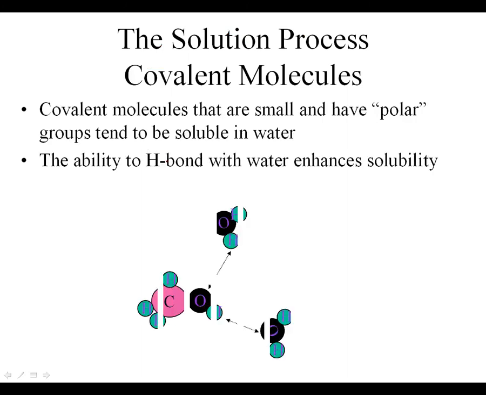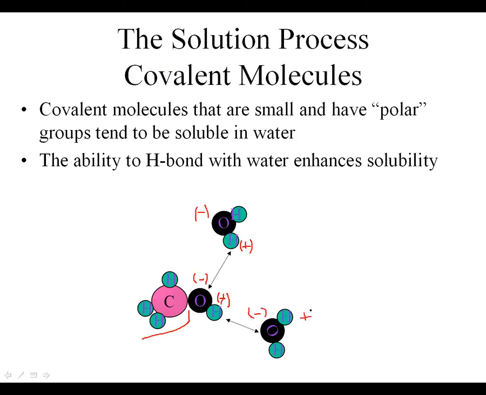And here's a picture of that. This is not ethanol, this is methanol. But methanol also has, although this part of it is nonpolar, this guy is more negative on that OH group. This guy is more positive. And again, it's able to interact with the positive side of water and also the negative side of water, like we see down here.